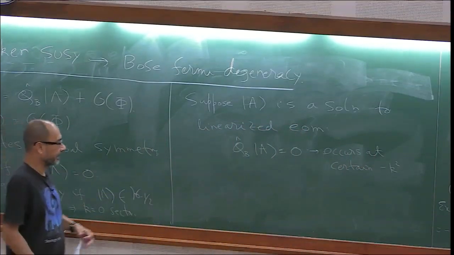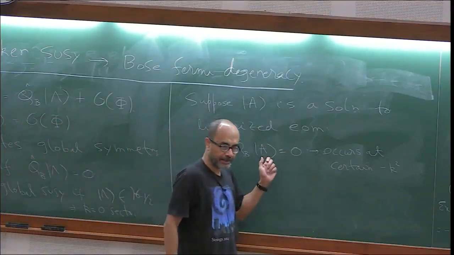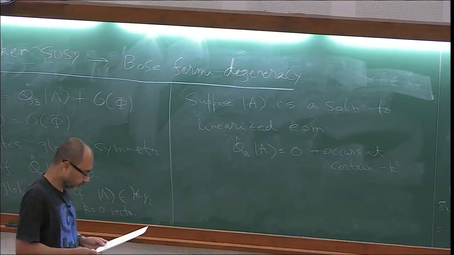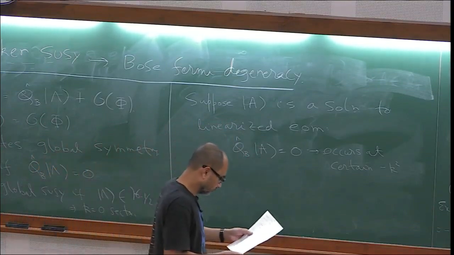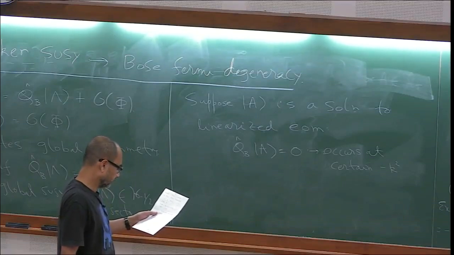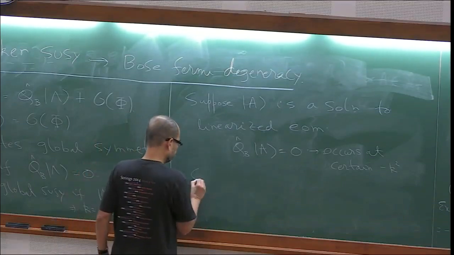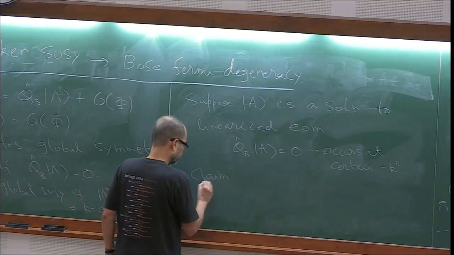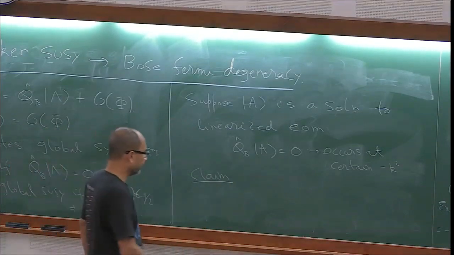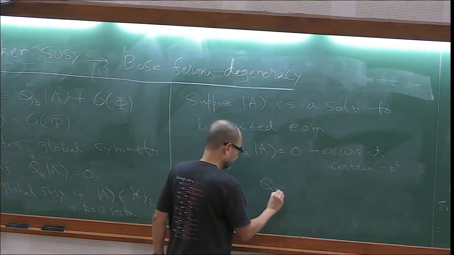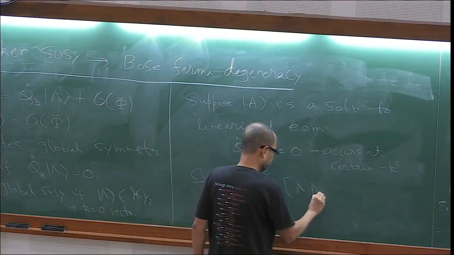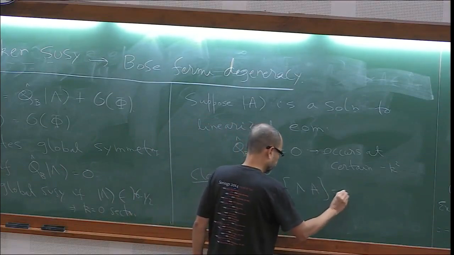These could be bosonic or fermionic, we are not making any commitment right now. Now the claim is that QB tilde acting on lambda A is 0.